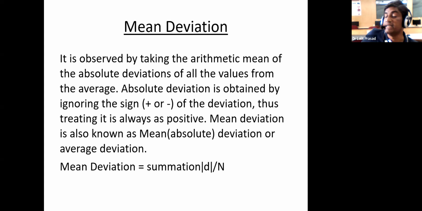Thus it is always positive. So the mean deviation is also known as the mean absolute deviation. Mean deviation is equal to summation of D, where D is the difference, Xi minus X bar, divided by N. That means we are trying to find out the average value. This is the formula.